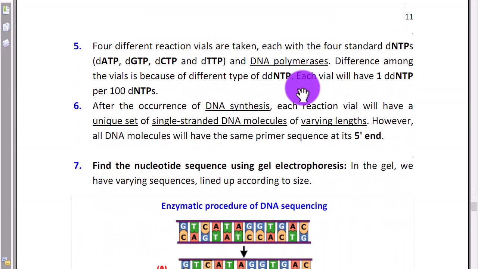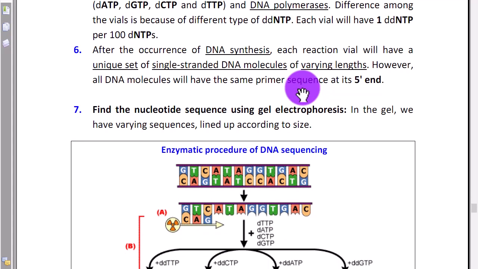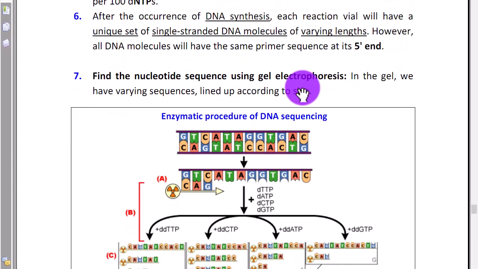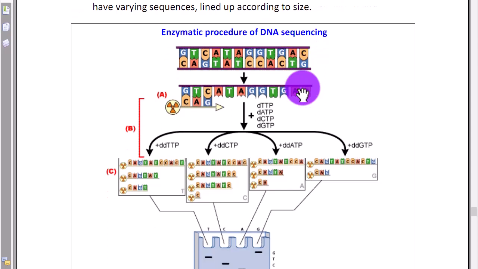Four different reaction vials are taken, each with four strands of dNTP. After DNA synthesis, each reaction vial will have a unique set of single-stranded DNA molecules of varying lengths. Find the nucleotide sequence using gel electrophoresis.